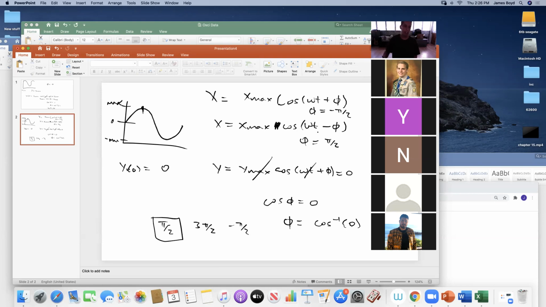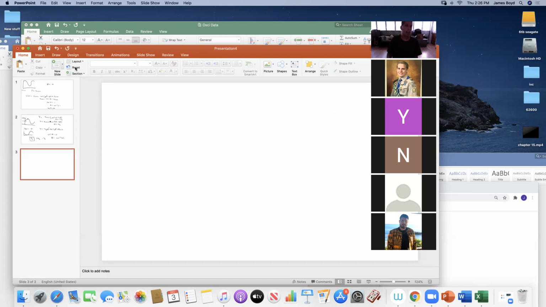Now, if for some reason your function started at 0 but went like this, you're back 3 halves. So you're at negative 3 halves phi. But really, what's going to happen is you're going to have two cases here. Let's do 3 different cases.